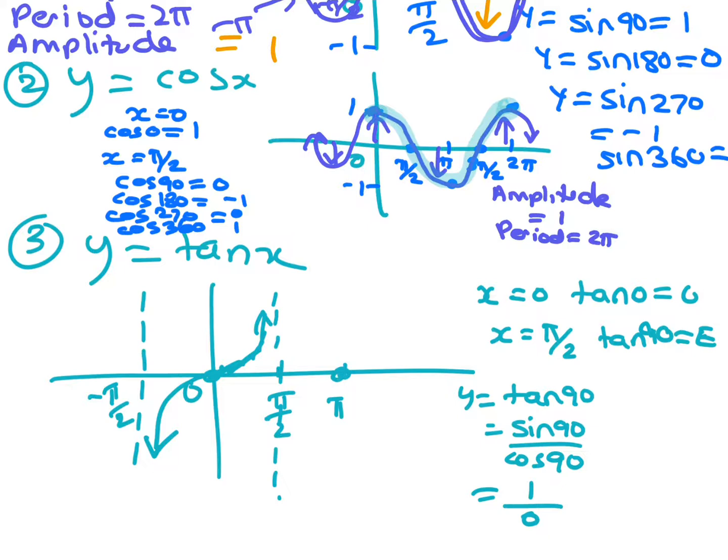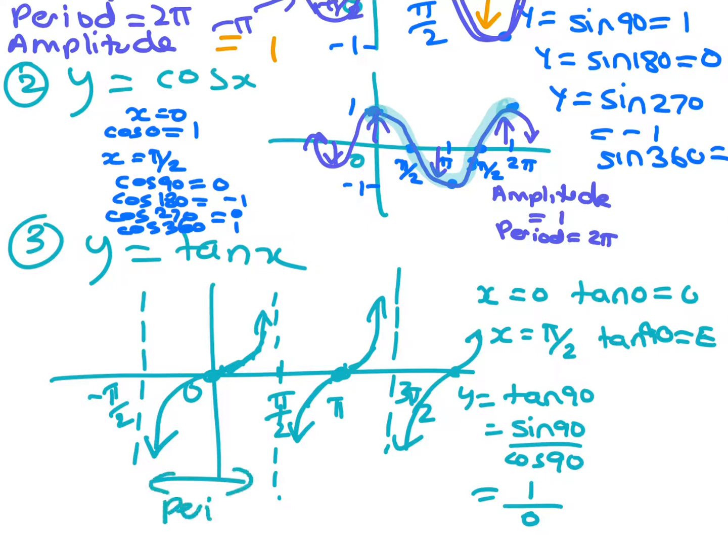Then you go to 180, it'll be 0. And if you plot something either side of 180, you'll find that it just gets bigger and bigger until it gets to 3 pi on 2. And then it starts again. So the period here, how long to repeat itself, it repeats itself after pi in this graph.